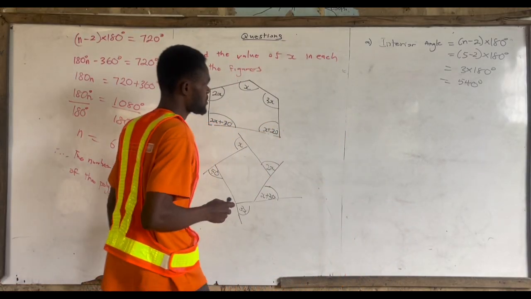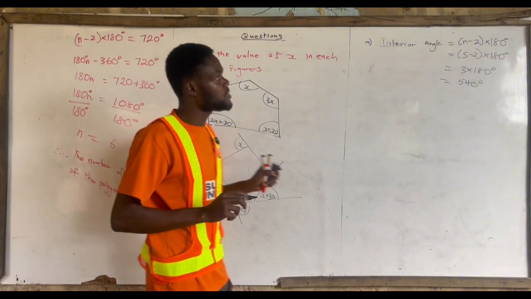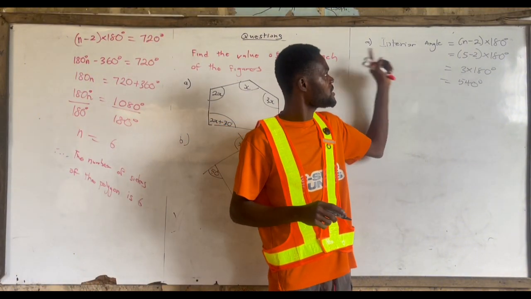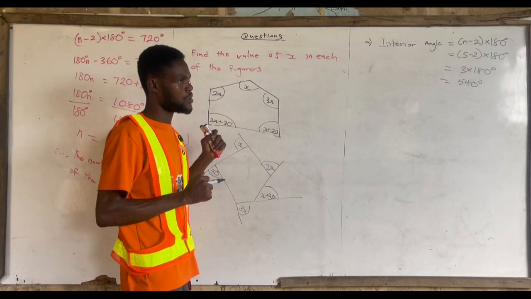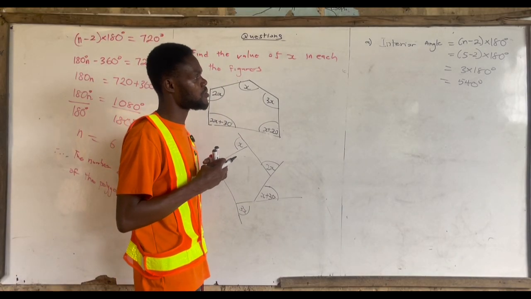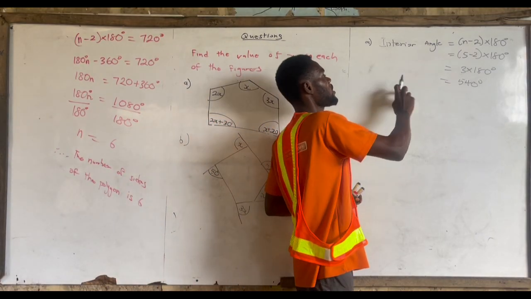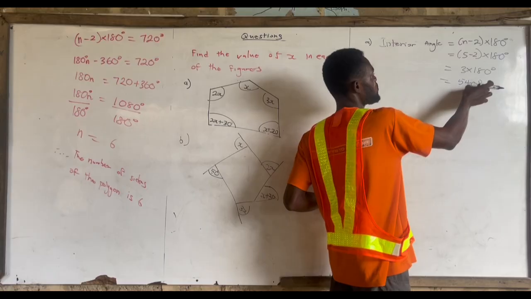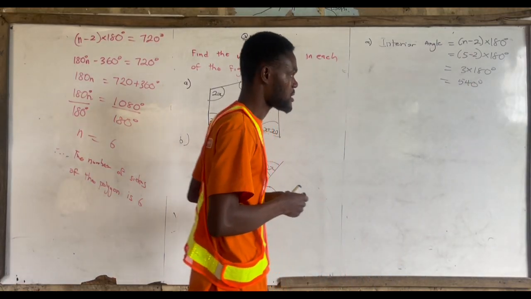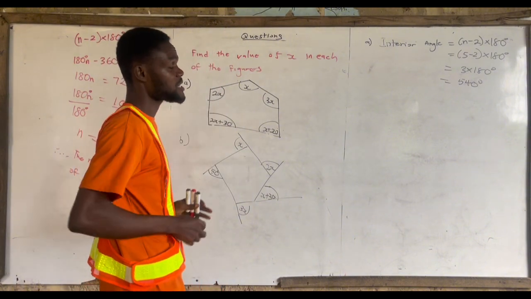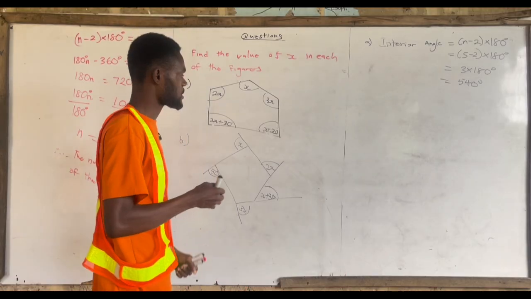But if you know the interior angle sum of this polygon, a pentagon, off head, you can quote straight that the sum of interior angles of a pentagon is 540 degrees without going through this process. It's the same answer.